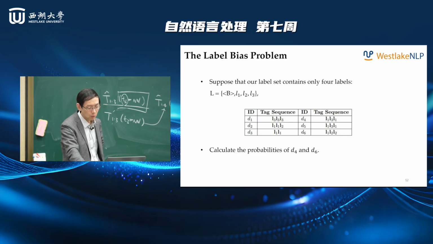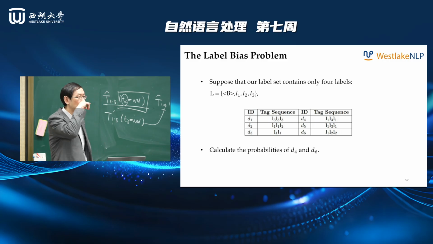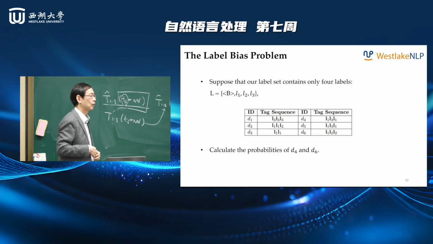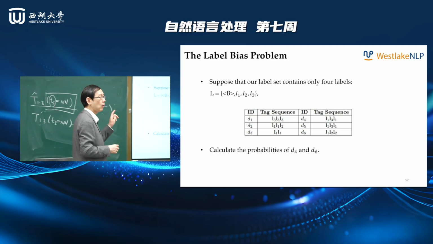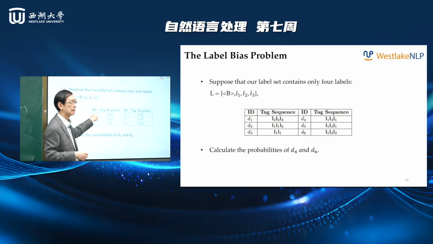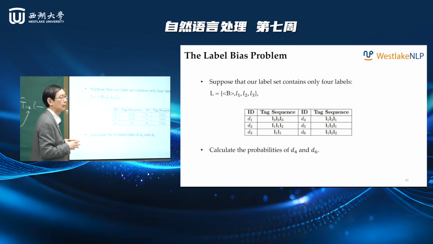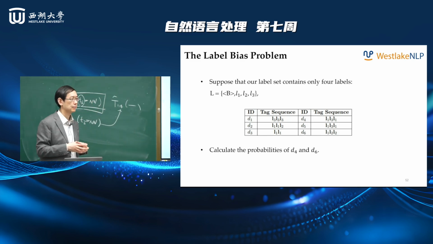Similarly, we have L1, L1, L1; L3, L1, L1; L3, L1, and L1, L2, L2. And you find that L1, L3, L1 exists twice in the training data, right? The others exist only once.